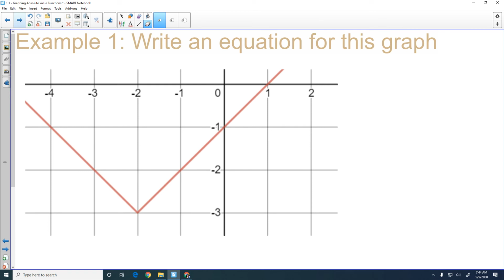So now I'd like you to take a look at this graph. Go ahead and sketch this in your notebook real quick and make a note that the vertex is down here at -2, -3. So sketch that real quick.